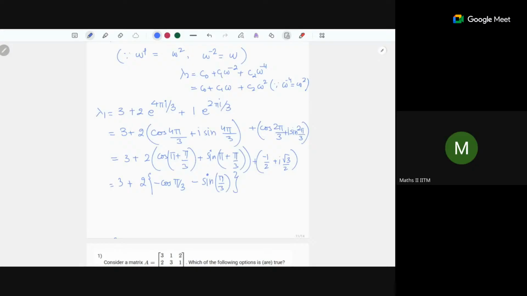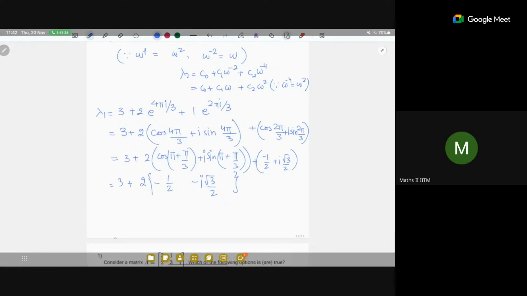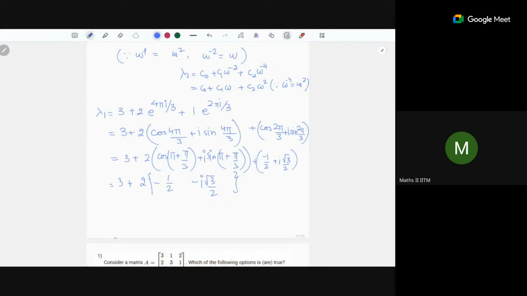And if you calculate this, what is cos pi by 3? It is just 1 by 2. So just do 1 by 2. This will be just root 3 by 2. Let's keep the 2. So 3 minus 1, it is 2.